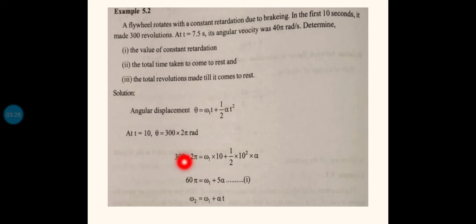So the equation becomes 300 into 2 pi equal to omega 0 into 10 plus half into t square into alpha. This reduces to 60 pi equal to omega 0 plus 5 alpha. That is equation 1. Keep it as such.